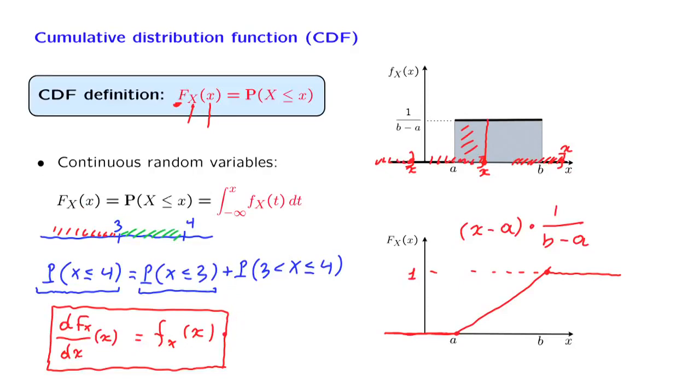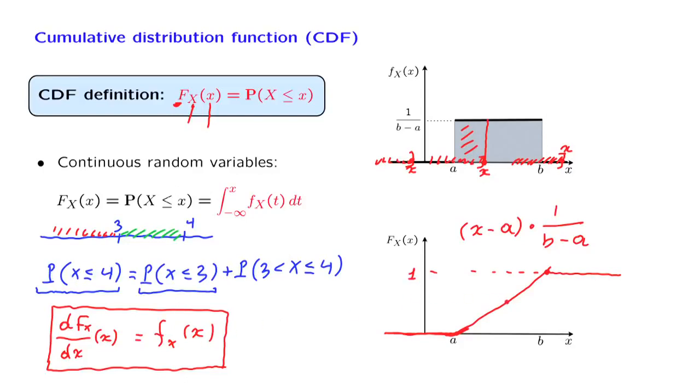Of course, this formula can only be correct at those places where the CDF has a derivative. For example, at this corner here, the derivative of the CDF is not well defined. We would get a different value if we differentiate from the left, a different value when we differentiate from the right, so we cannot apply this formula. But at those places where the CDF is differentiable, at those places we can find the corresponding value of the PDF.